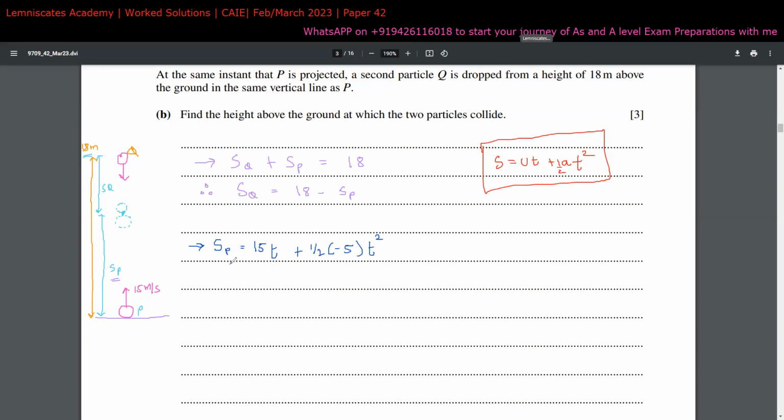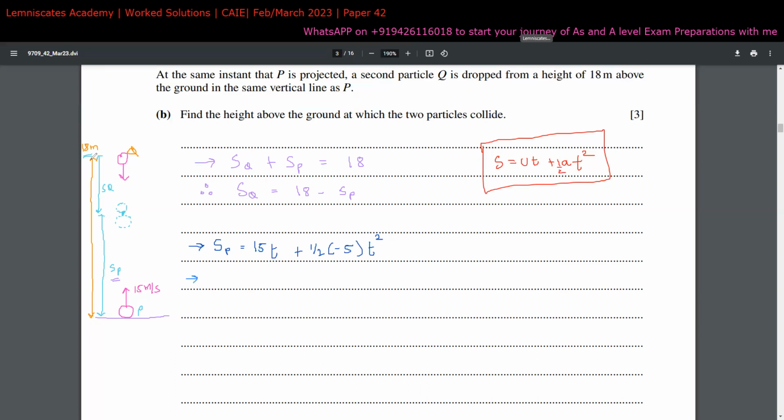So I can surely create one more equation with two unknowns, that will be SP and T. And that's the reason I'll be using the distance of SQ, right? And it also makes sense to use that, just like we have done it for SP. Why not if we can do it for SQ? So therefore, if I also have to make the equation of SQ, which is nothing but 18 minus SP, then I'll be getting my SQ.